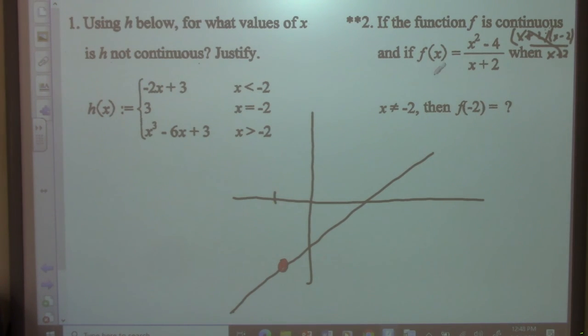Yeah, plug in -2. So what is f of -2? I get -4, right? Because we have x minus 2, so you have -2 minus 2. So -4 is it. This is one where we actually have to figure out what that point is to plug it in. So -4 is it.